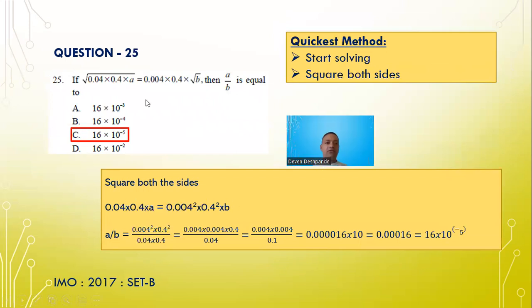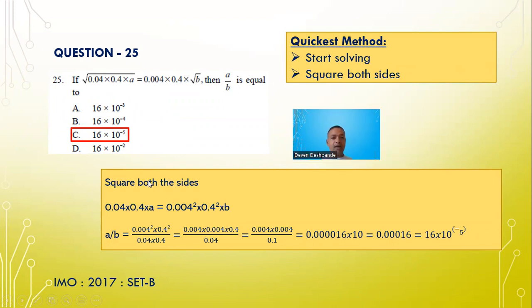Okay, if square root of 0.04 into 0.4 into A is equal to 0.004 into 0.4 into square root of B, then A upon B will be equal to, so start solving, and you square both the sides. If you square the square root, it will become the original number. So 0.04 into 0.4 into A is equal to the square of all these numbers.